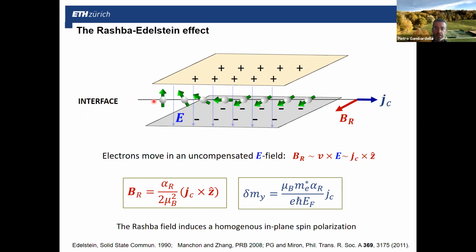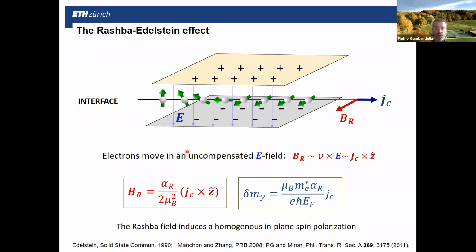And then if you pass a current in the interface plane, the electrons in this current will basically see this electric field as an effective magnetic field due to a Lorentz transformation in the rest frame of the electrons. And this effective magnetic field will tend to orient the spin of the conduction electrons parallel to it, as you see in this cartoon.